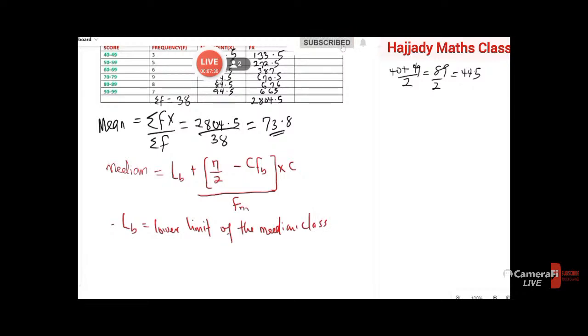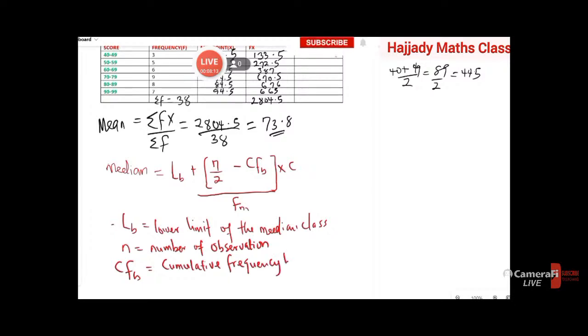And our N is the number of observation. Okay, we have that as our number of observation. We have our CFB to be the cumulative frequency before our median class.